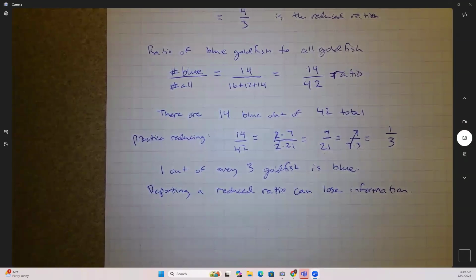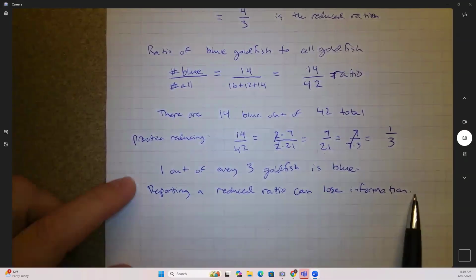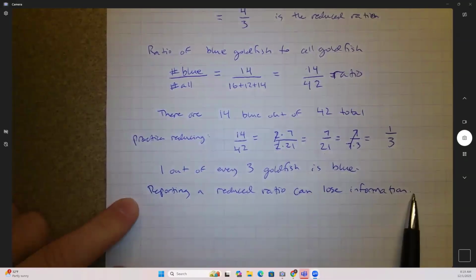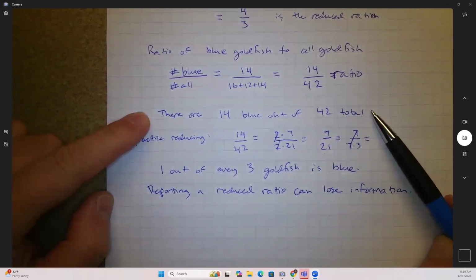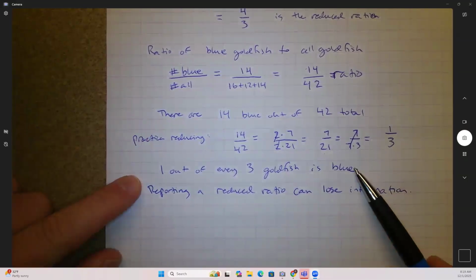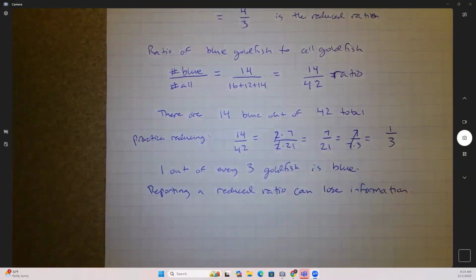That's 10 people whose lives are affected. So reporting a ratio can lose information, and you as the scientist have to decide, do I want to report my total numbers or just my ratios? In this class, we're focusing more on how to report those ratios.